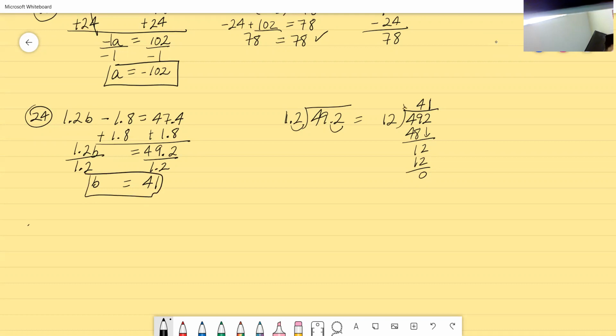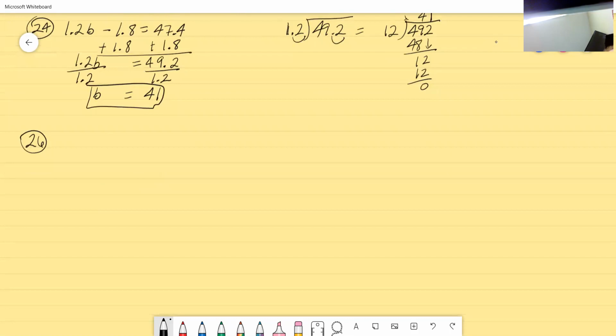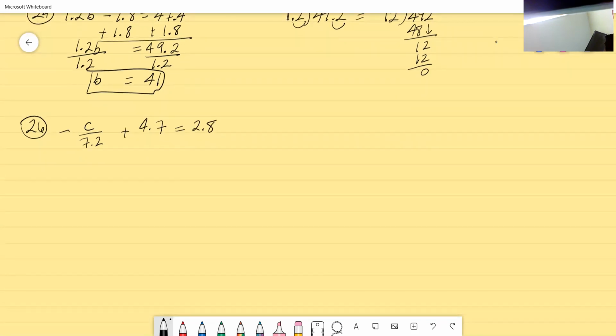Okay, so number 26. So 26 is, here's my screen again. Negative c divided by 7.2 plus 4.7 equals 2.8. Okay, so first we add the inverse of 4.7, which is negative 4.7.